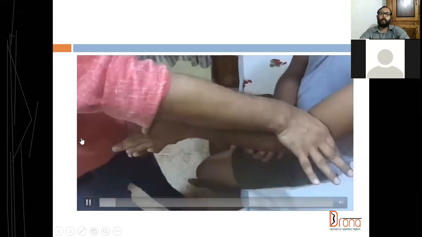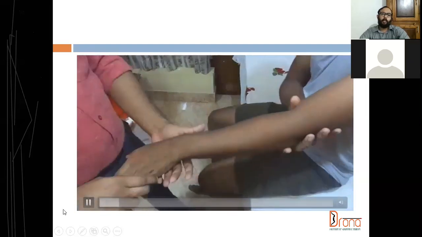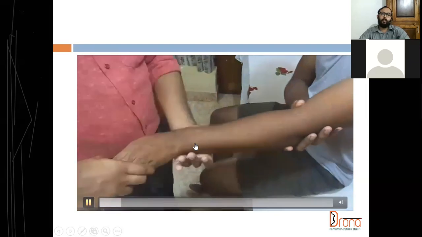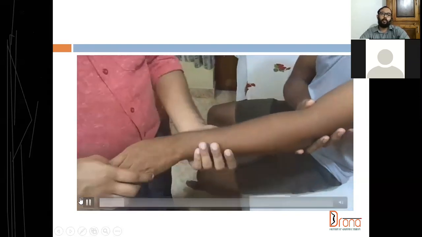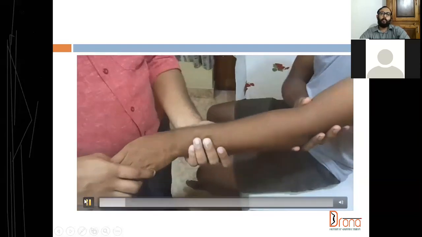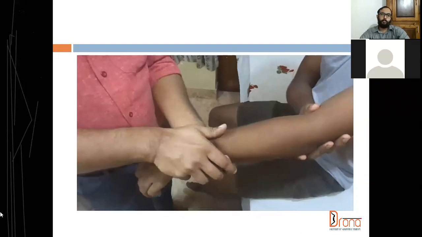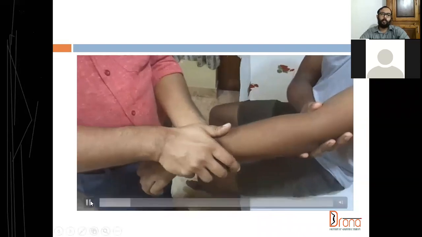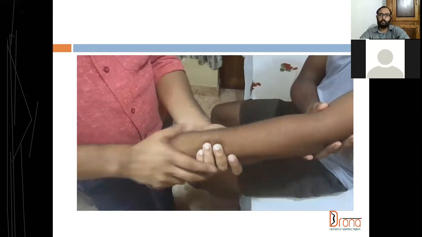Counter traction should be applied like this, traction should be applied like this, and then, supporting the proximal fragment using the thenar eminence of one hand, using the thenar eminence of the other hand, the distal fragment should be pushed downward in this position. With the proximal fragment supported by the thenar eminence of one hand, using the other hand, the dorsal or posterior displacement is corrected.